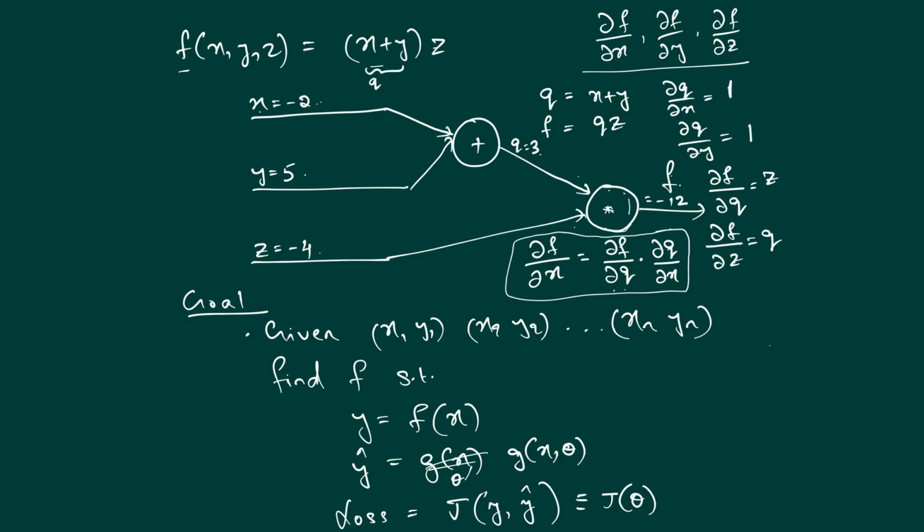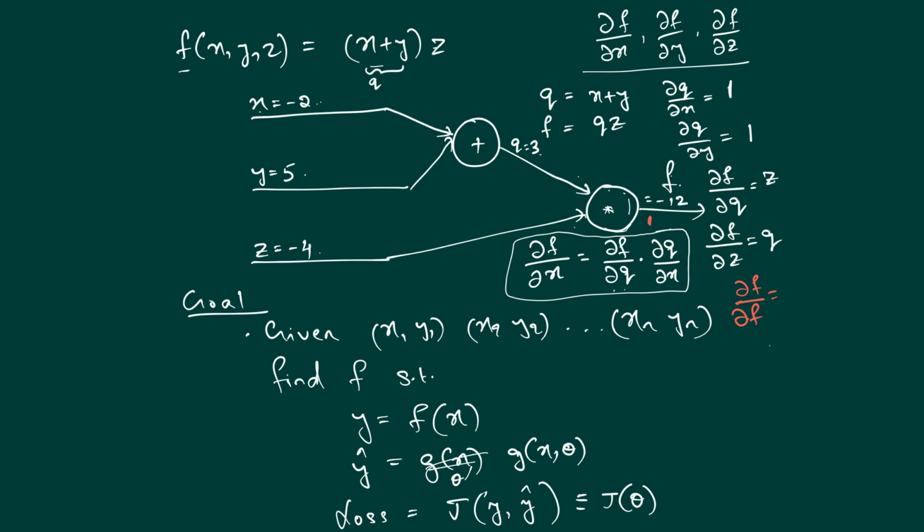So now to find the gradients, we just imagine a backward flow of the gradients from this point onwards. So out here, del f by del f is going to be trivially 1, right? So this is the very last output node, and we are doing del f by del f, right?